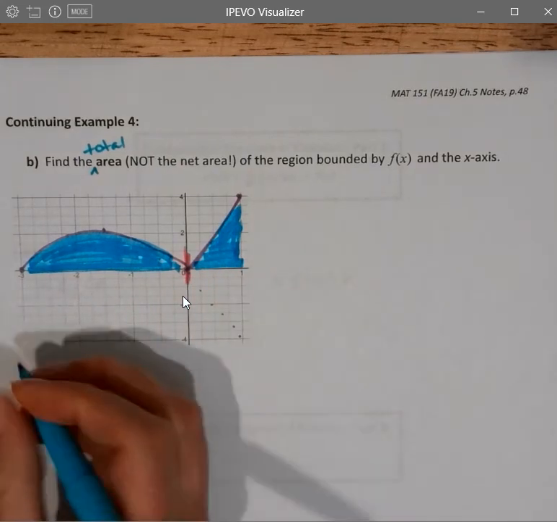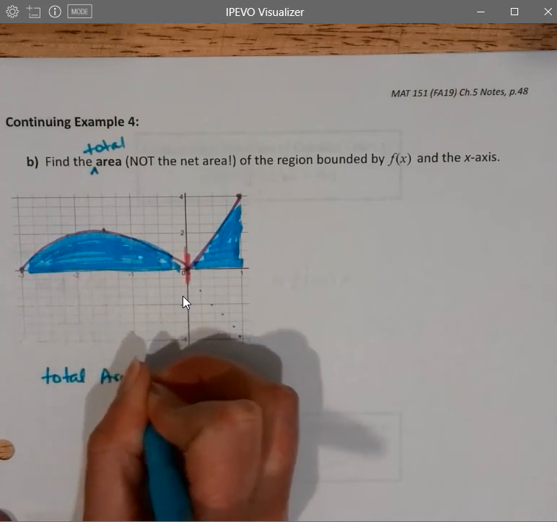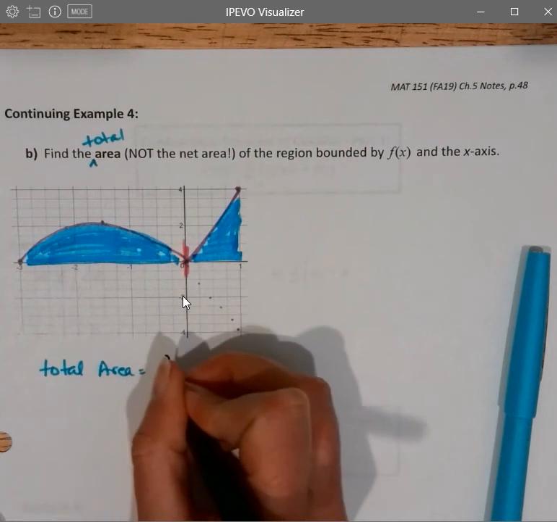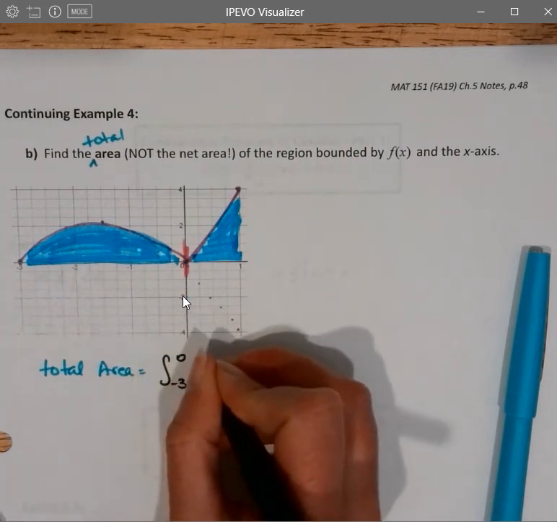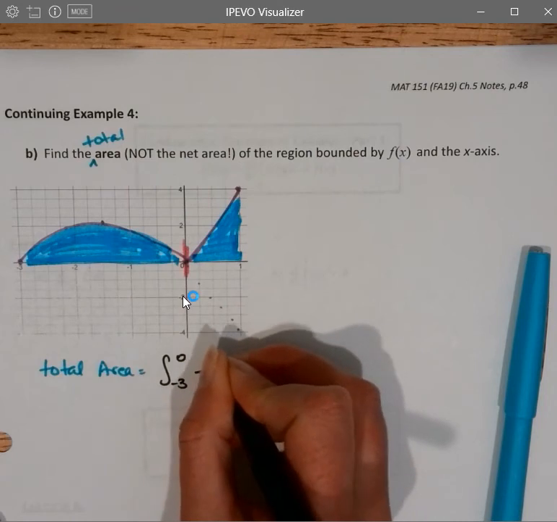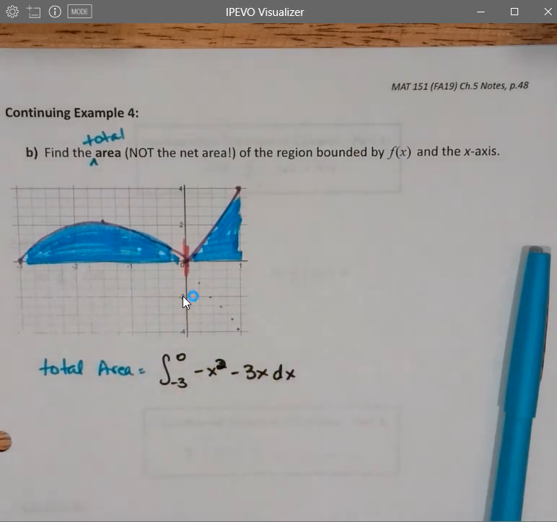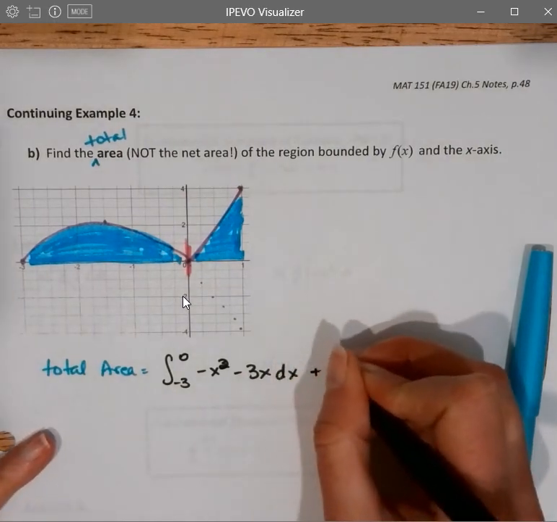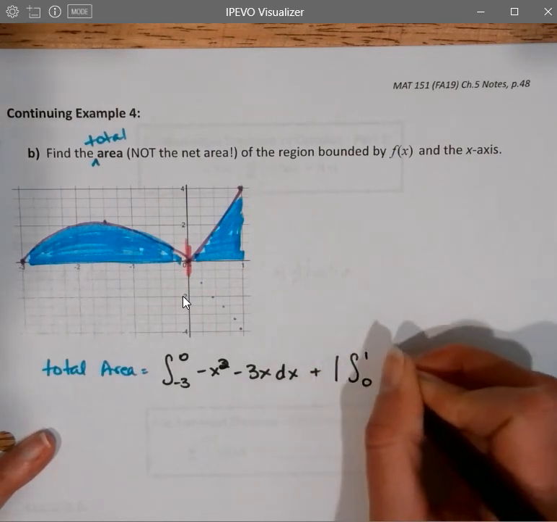So the total area has to be separated to be the integral between negative 3 and 0 of our function, which was negative x squared minus 3x dx. And then we also want to add on the absolute value of the area between 0 and 1 of the same function.